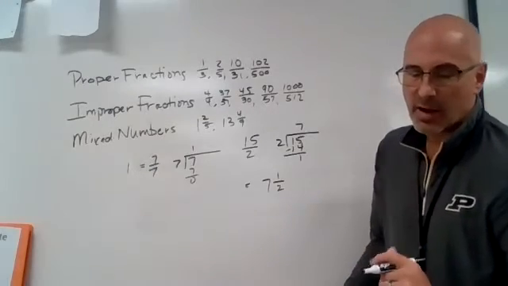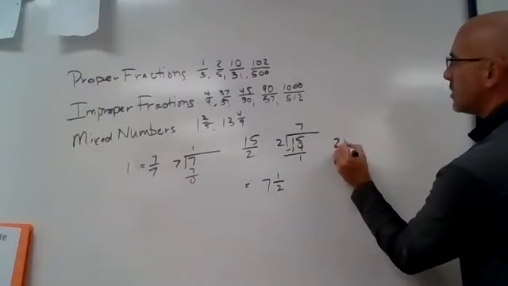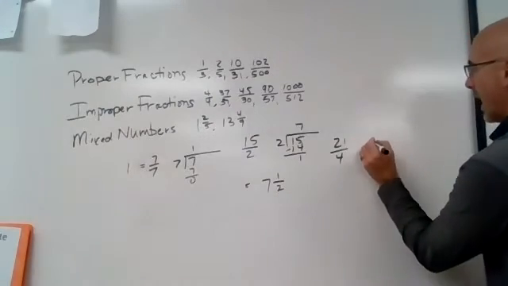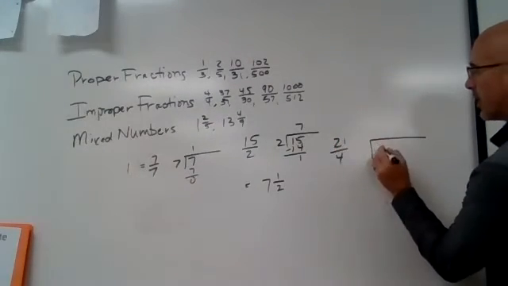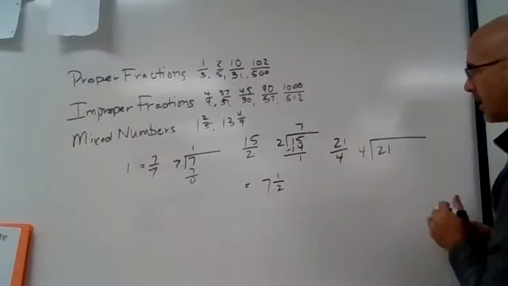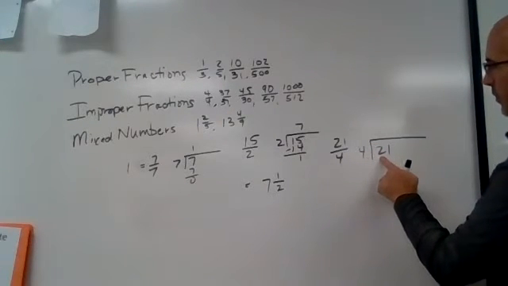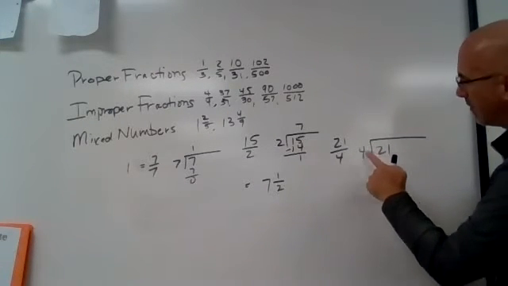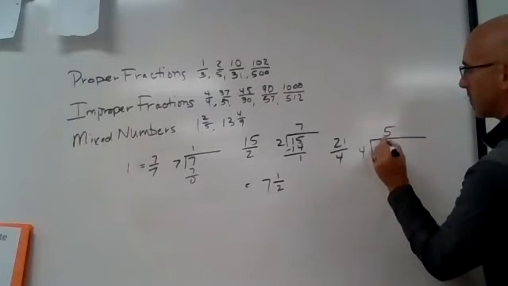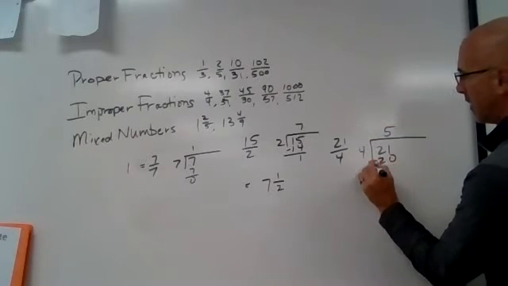Let's do another one. Let's do 21/4. As always, the numerator goes inside the box and the denominator goes outside. Now we divide. Does 4 go into 2? No, it does not. Does 4 go into 21? Yes, it does. 5 times. 5 times 4 is 20.